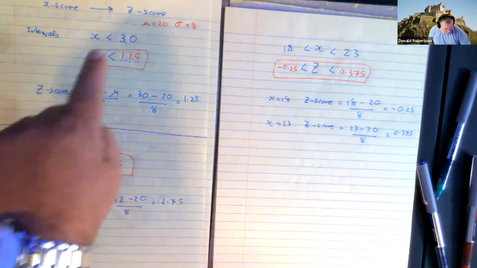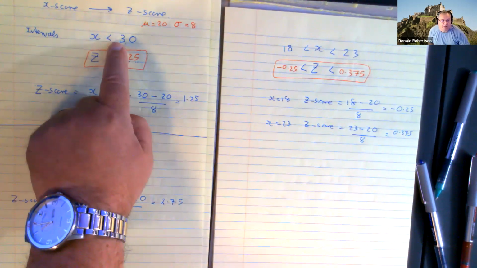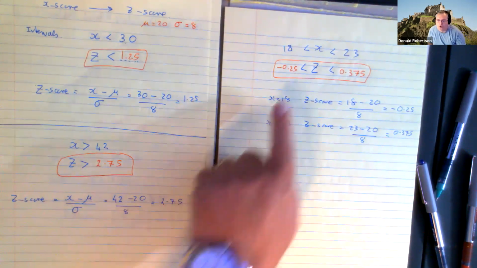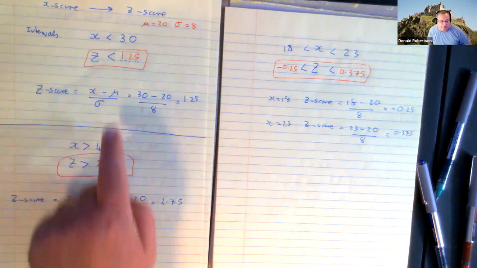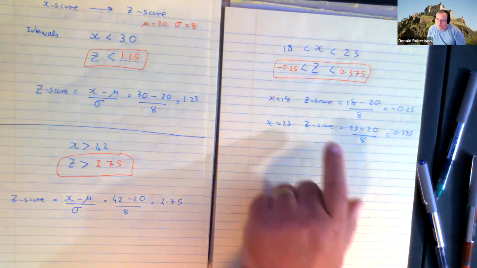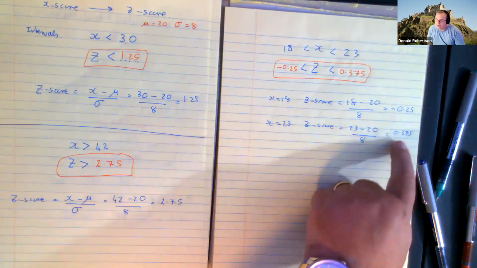So if I gave you the mean and standard deviation, and then I asked you to take an interval like this, or greater than, or a between, do you feel comfortable you could find the z-score equivalent to that same piece of information? Because aren't you just turning the ends, whatever the numbers are, into their equivalent z-scores?